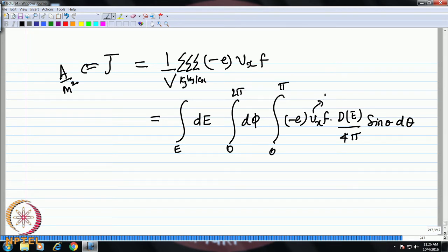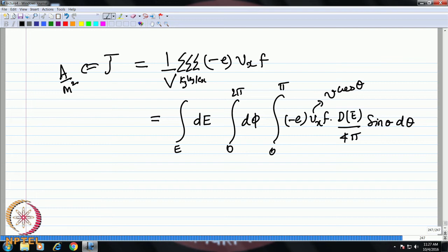V of x is nothing but V cos theta. Is that clear? We already did this conversion before while deriving the continuum equations.